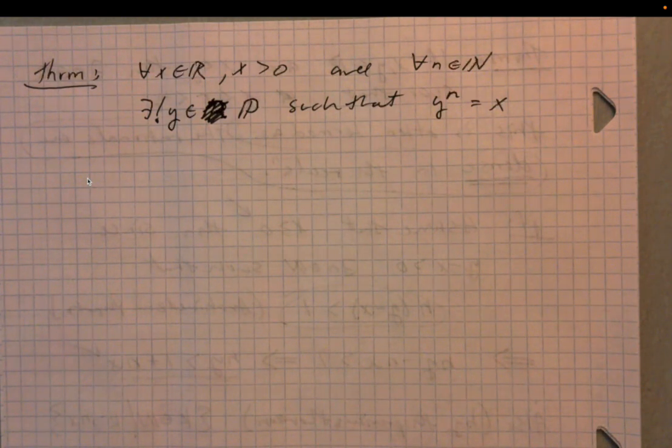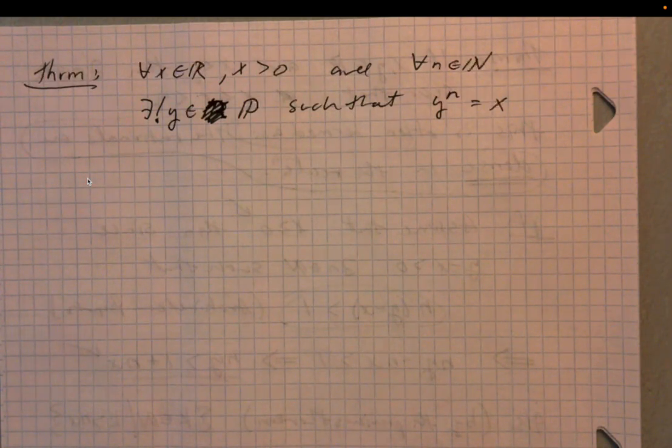So for all real numbers x greater than 0, and for all natural numbers n, there's going to exist a unique positive y such that y raised to the nth power is equal to x. Okay, so this proof is similar to those that we've seen, but we have to get the nth roots of real numbers.